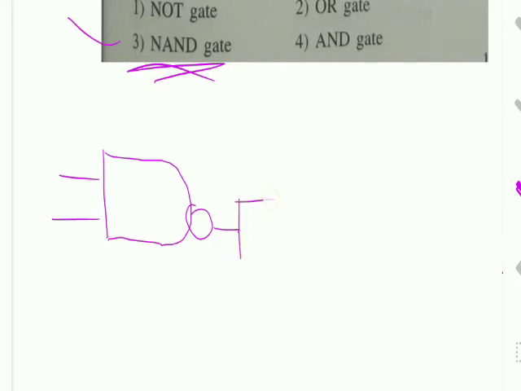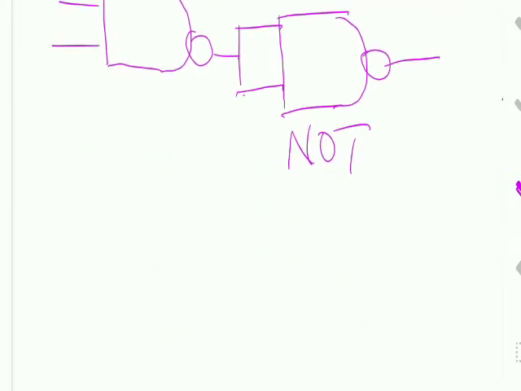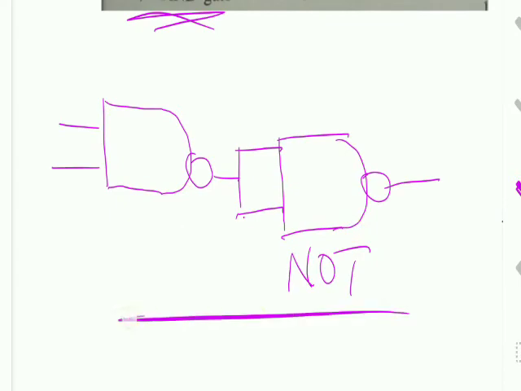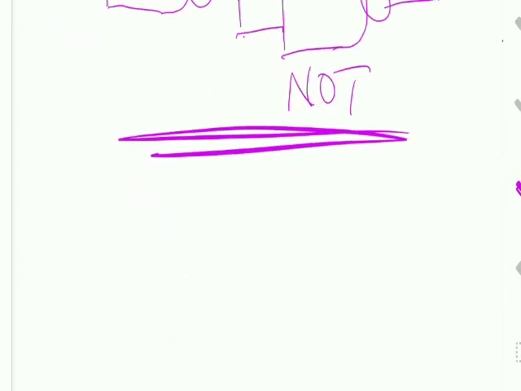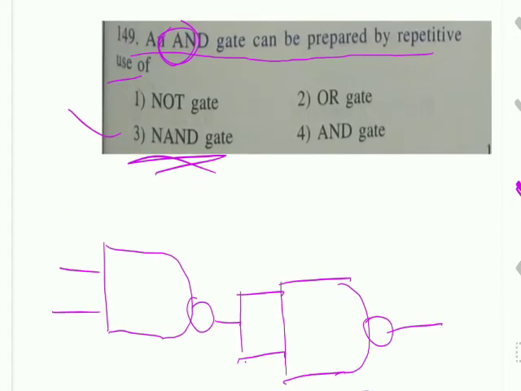Its output is connected to the shorted input side of another NAND gate, so it acts as a NOT gate. Now this is the AND gate, with two inputs. So the answer is NAND gate.